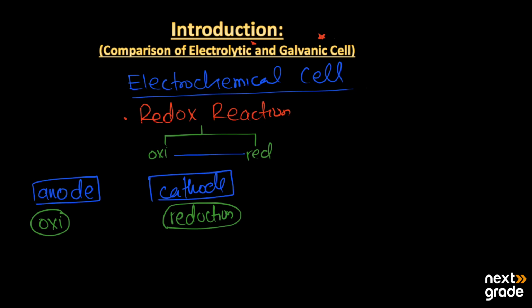And always the flow of electrons is from the anode towards the cathode. These two things are similar in both, and they differ in four to five ways from one another. So let's have a look at the first difference.